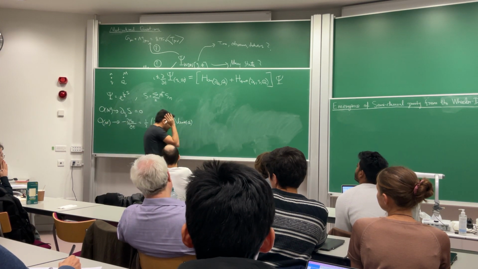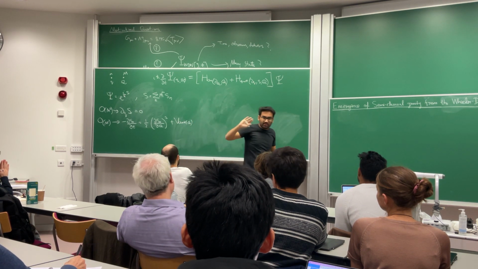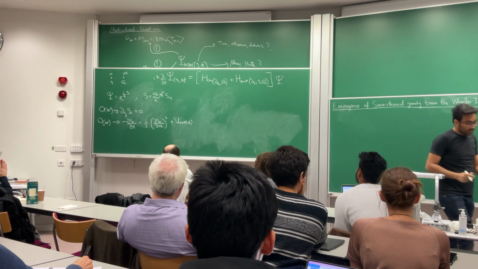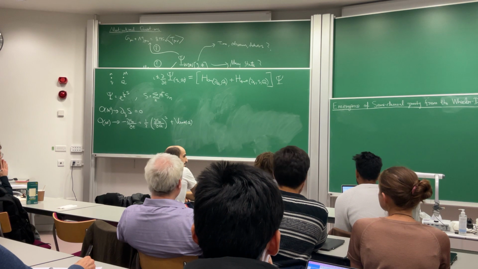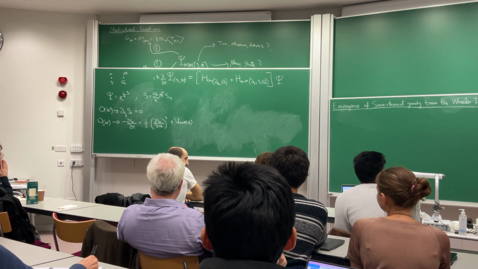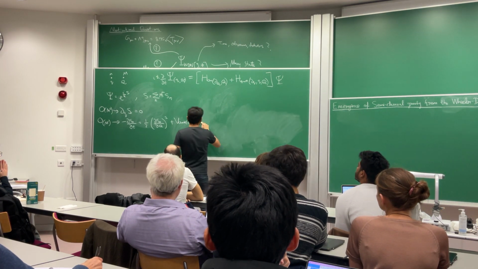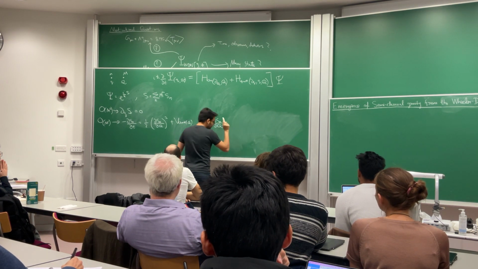S naught is something that satisfies this equation, and this just comes from the next order term of the Schrodinger equation. Alright? Now what is this? It's nothing but the Hamilton-Jacobi equation of classical mechanics, where the momentum is given by dou S naught by dou Q.